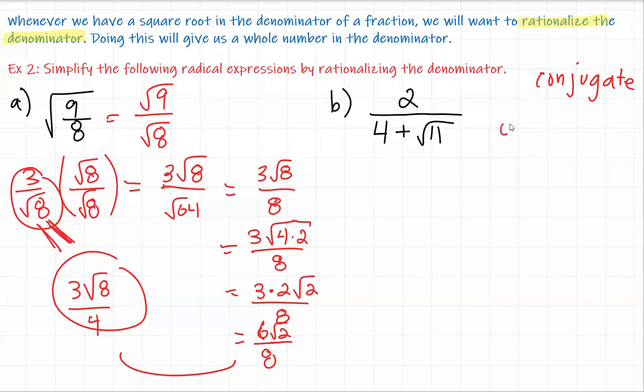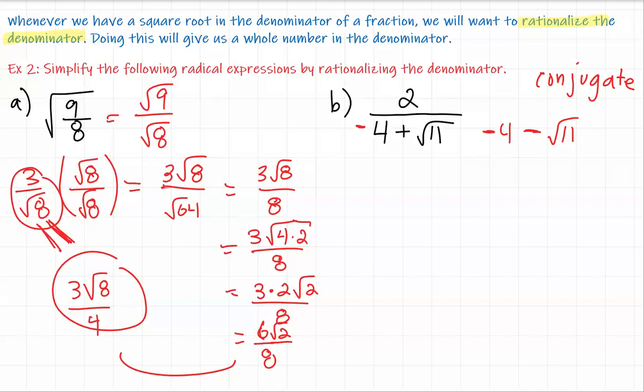It's going to be 4 rad 11, but I'm just changing the sign, the operation. Just the middle one. If this was -4, I would leave it as -4. I'm only changing the middle one. Okay, and that's what the conjugate is. It's the same two values, but with a different sign in between, a different operation.